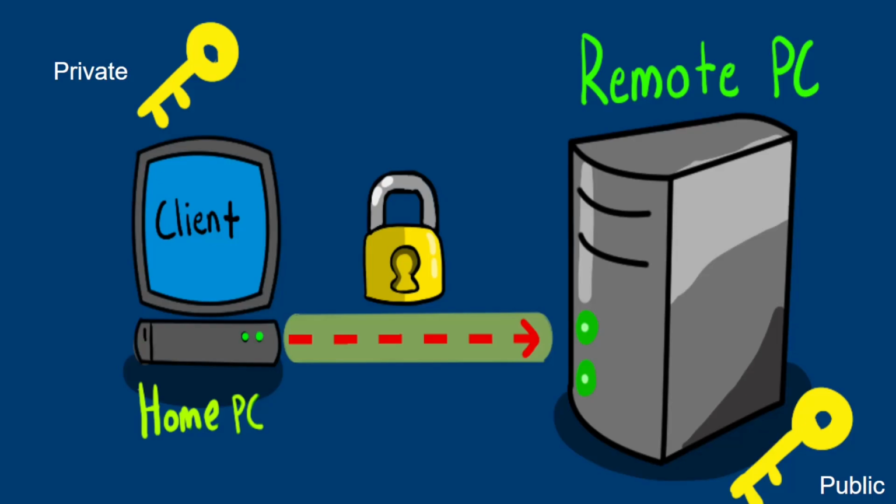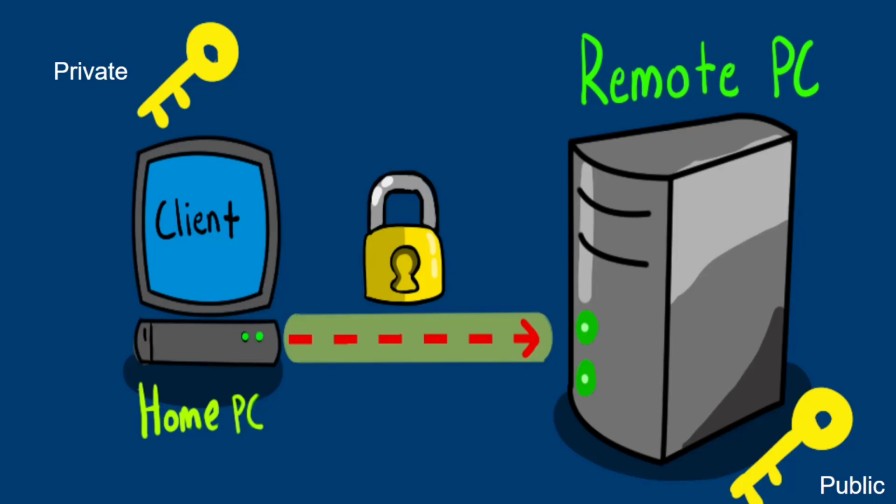Do you have access, or are you allowed to remotely access this server or machine? Well, it does this validation by using a public key and a private key. The public key is open for anyone to use, while the private key is confidential and is securely kept away. The remote PC will use its public key to encrypt a message, and this message is sent back to the home PC.